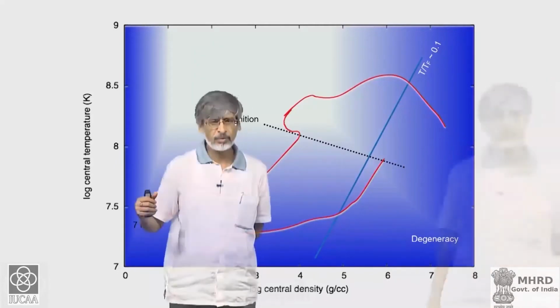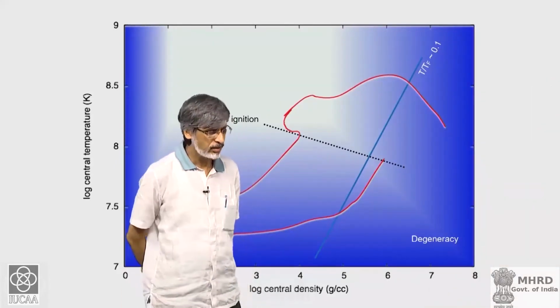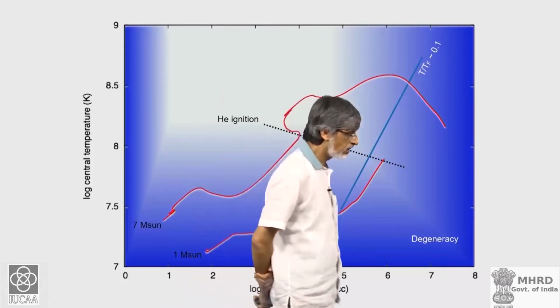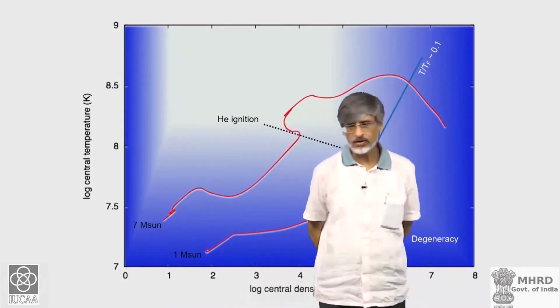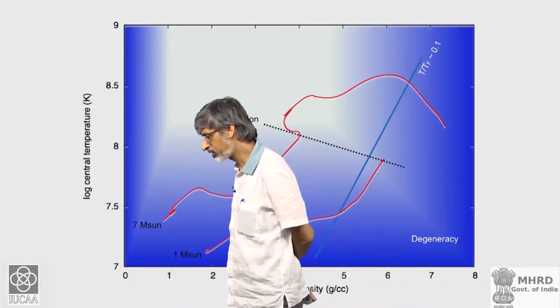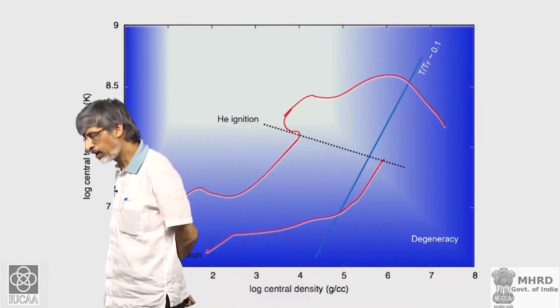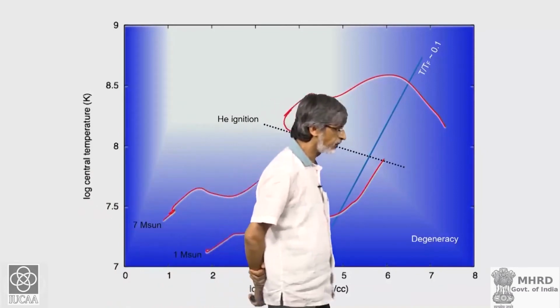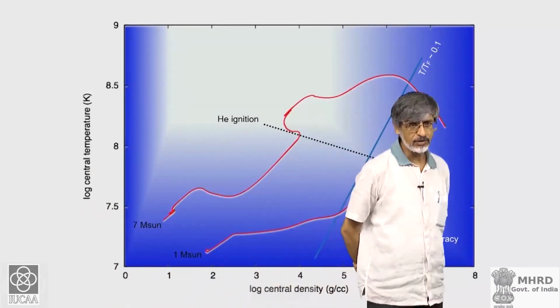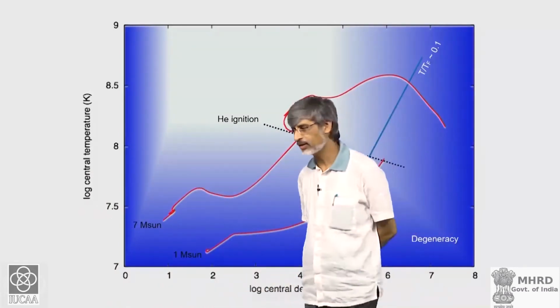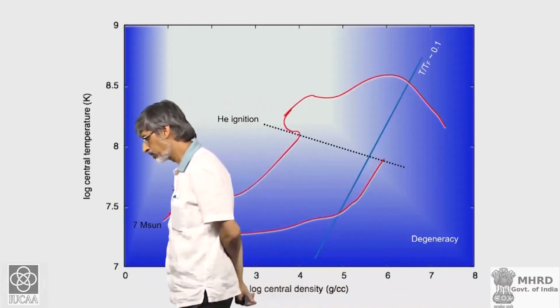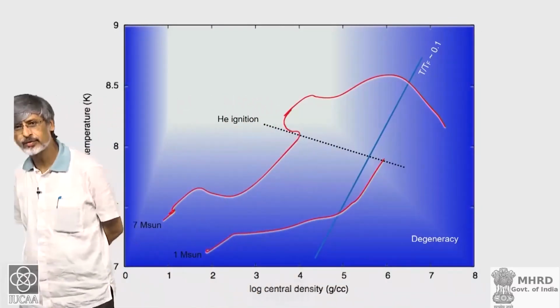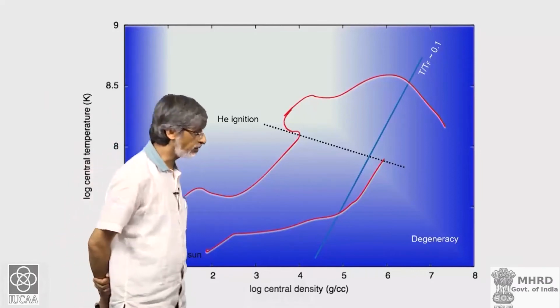Remember, the core was continuing to contract because the thermal energy, which was providing support against gravity, was continuing to leak out, and as it leaked out and was not replenished by nuclear burning, the core continued to collapse.